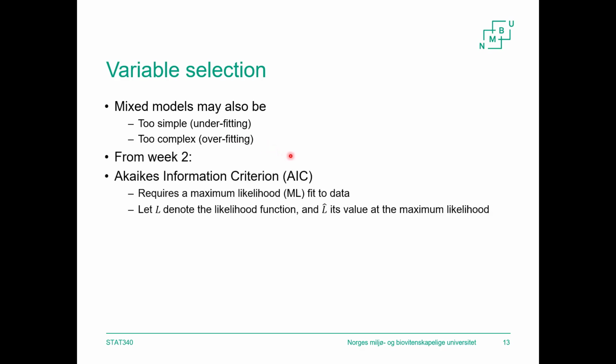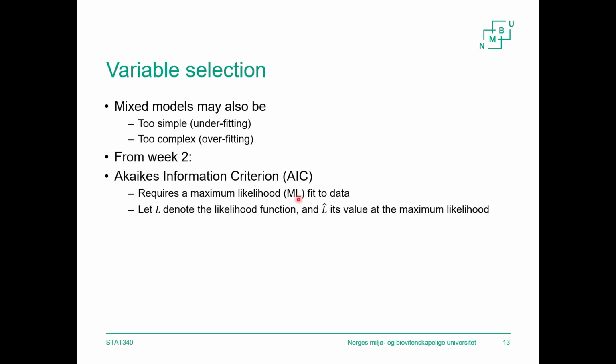So from week 2, we saw one way of doing a variable selection using what is called the Akaike's information criterion, AIC in short. And in order to use this criterion for choosing between different models, you have to have a maximum likelihood estimate.